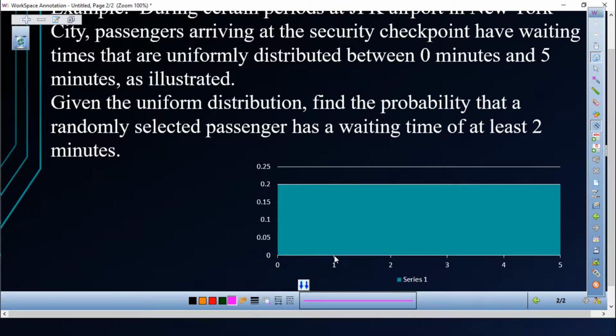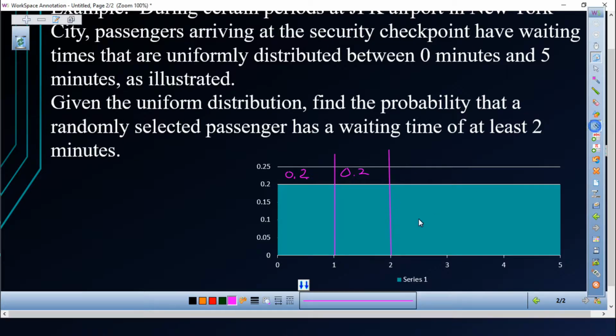This right here is an area, and the area of this is 0.2, because 0.2 times 1 is 0.2. And this area here has an area of 0.2 as well. 2 minus 1 is 1, and 1 times 0.2 is 0.2.